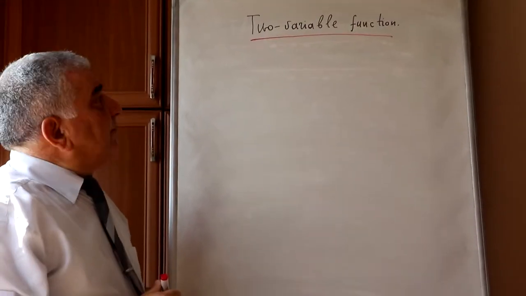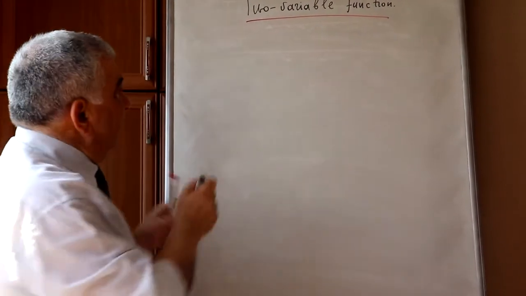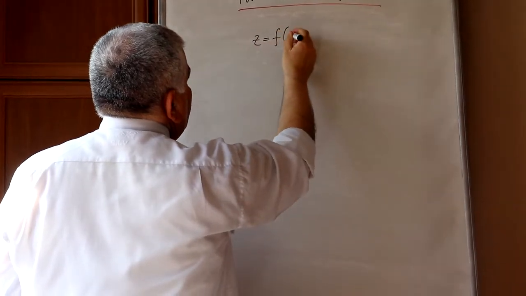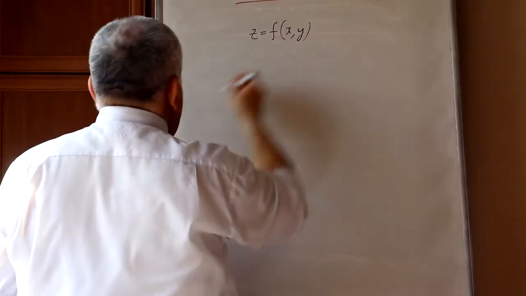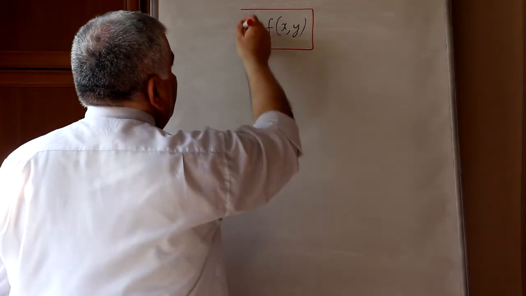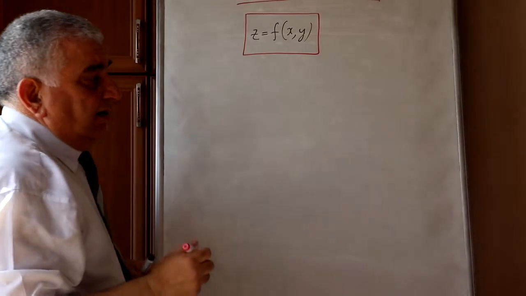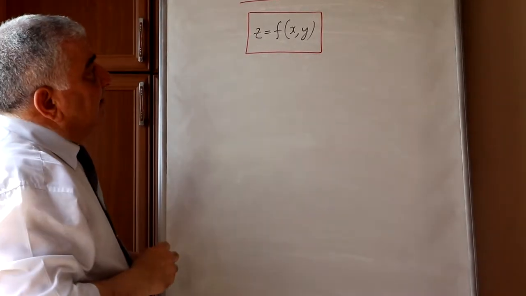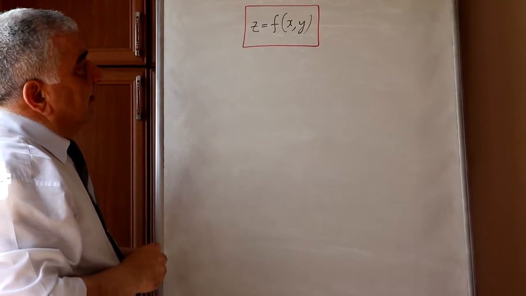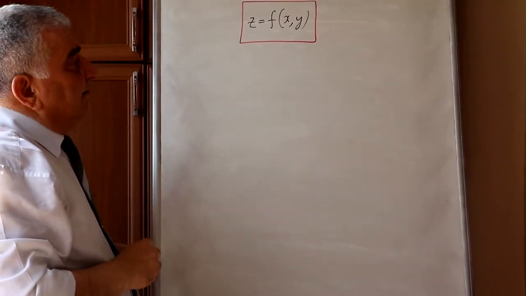The general form of a two variable function is the following: z equals f of x, y. Here x and y are independent variables, and z is the function.